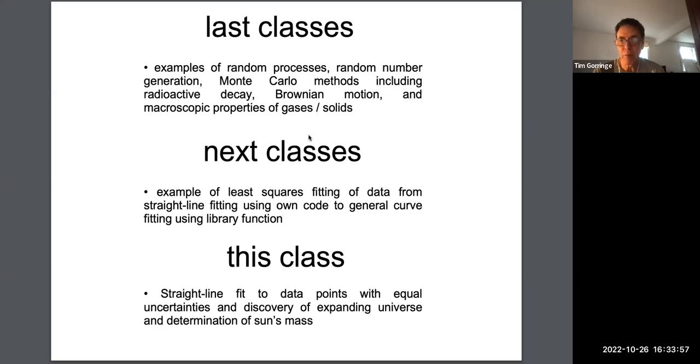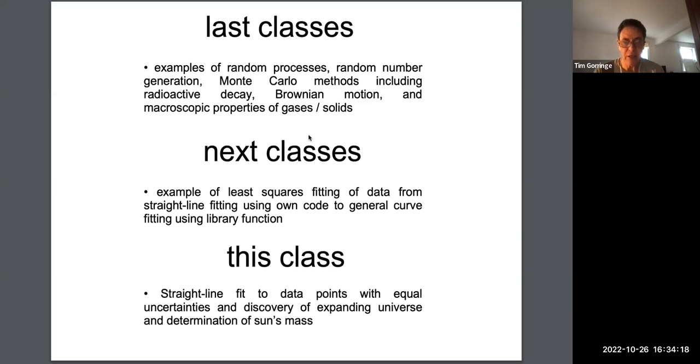And we'll also move from fitting using our homebrewed code for the least squares fit, which is good for a straight line, to using library codes, which is much better for general curve fitting.